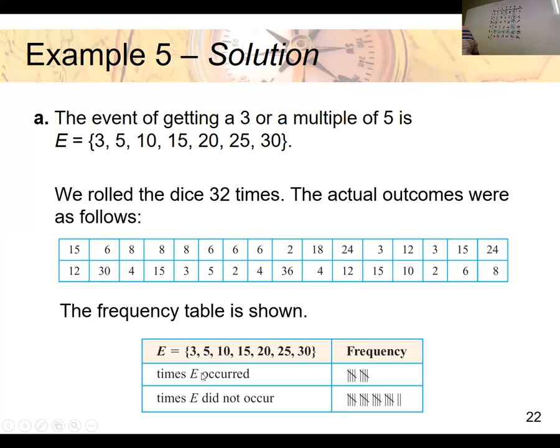So this is the frequency table that they have right here. The number of times that event E occurred, in this case, was 10 times, because if you count up the number of times you roll a 3 or a multiple of 5, it happened 10 times. The number of times that event E did not occur was 22 times.